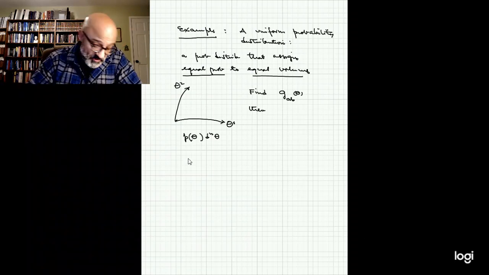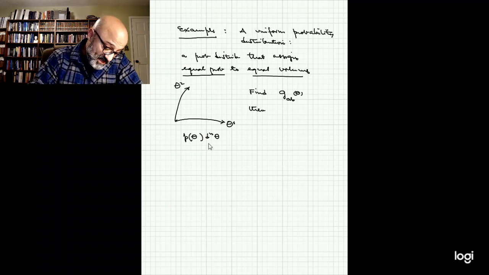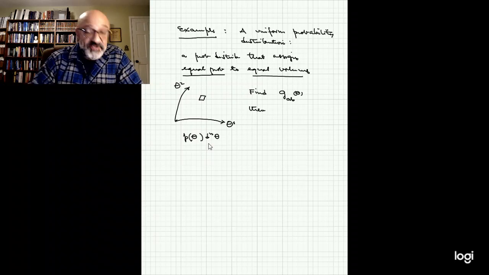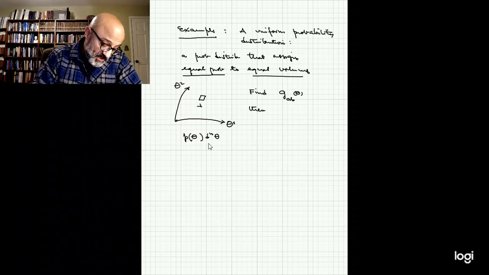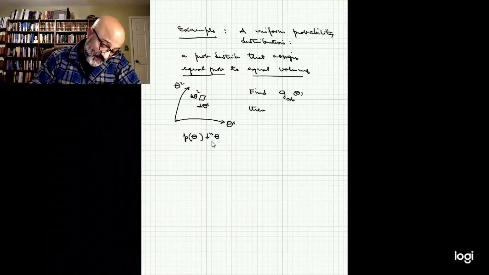So this is the total probability in a small region defined by d theta 1 and d theta 2, right? So this is the probability within these small coordinate intervals.